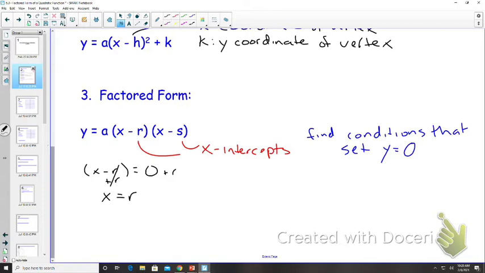And then for the second one, if we have x minus s equals 0, plus s to both sides, x equals s. So to find your x-intercepts, we're just going to set each of these brackets equal to 0 and solve for that. Okay? Neat.